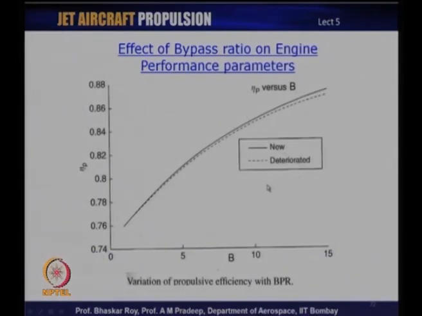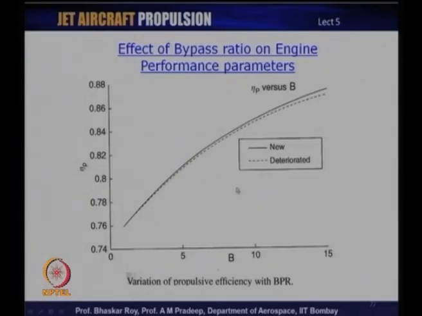This translates most prominently to the propulsive efficiency, where the increase of bypass ratio simply increases the propulsive efficiency to very high values. As you can see here, with years of usage, it may slightly deteriorate, but it still produces very good propulsive efficiency, competitive with any other kind of jet engine that one can think of.